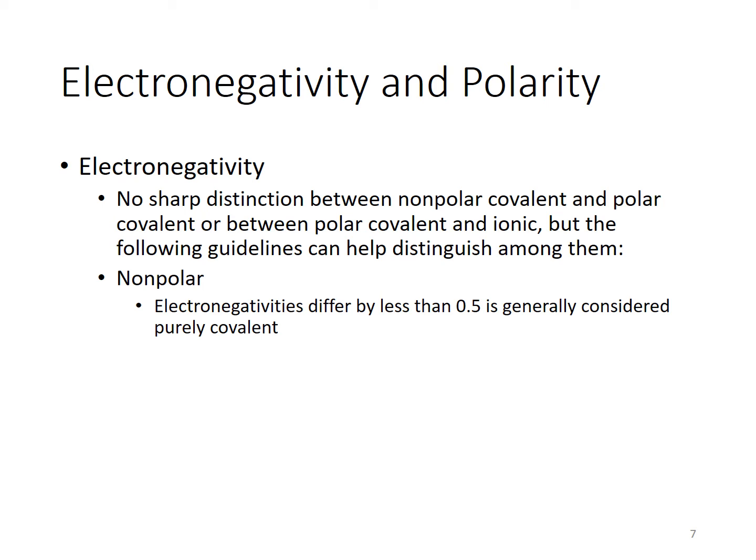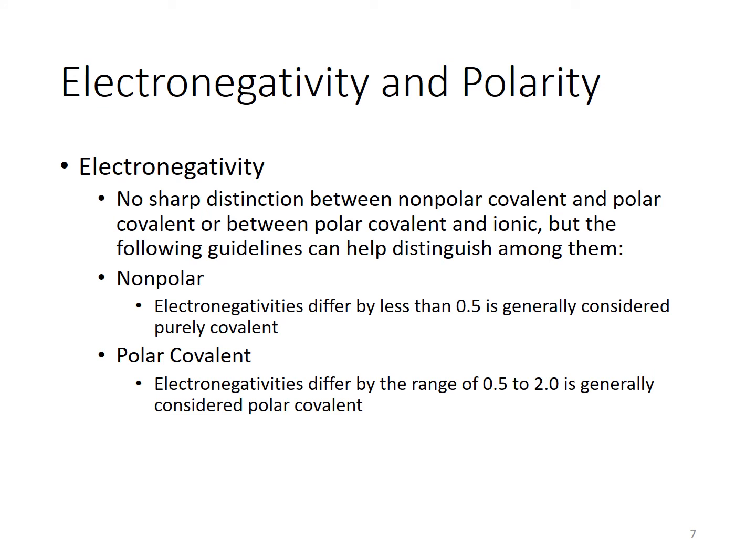So we would call that purely covalent. If they're the same atom, they have the exact same electronegativities, so that will certainly be nonpolar. But there are other examples of similarly electronegative atoms that are characterized as nonpolar. The difference between carbon and hydrogen is 0.4, and that is a classic example of a nonpolar bond. It's a very common bond that we characterize as purely covalent.